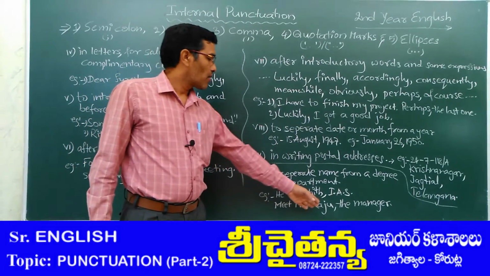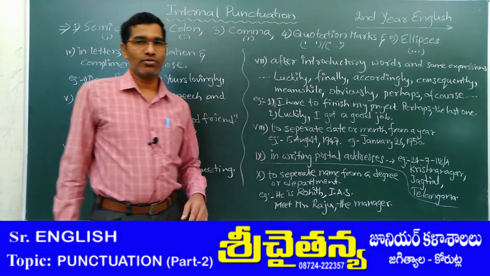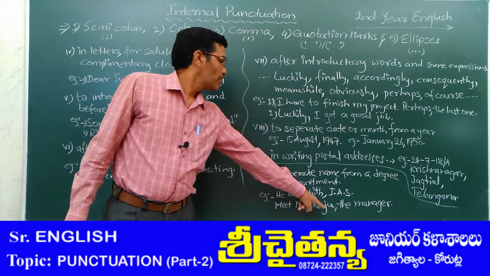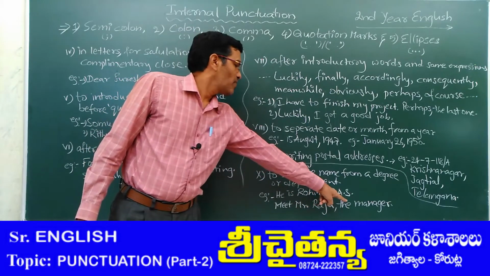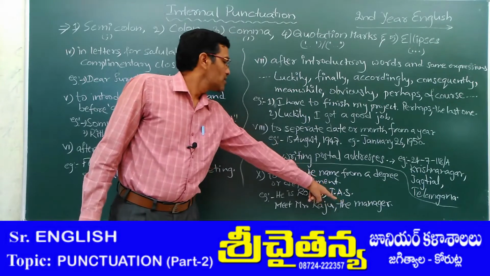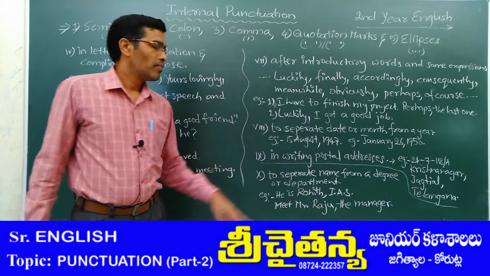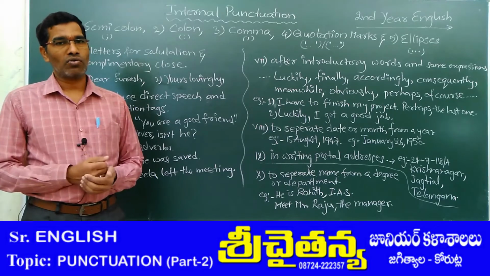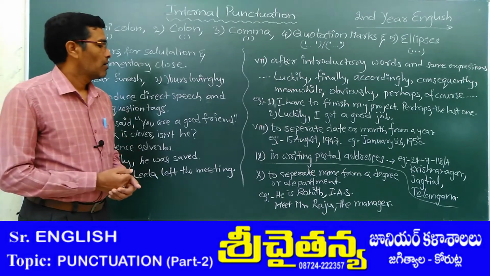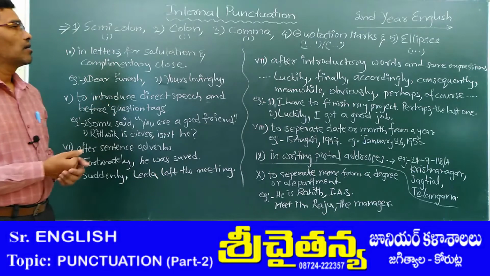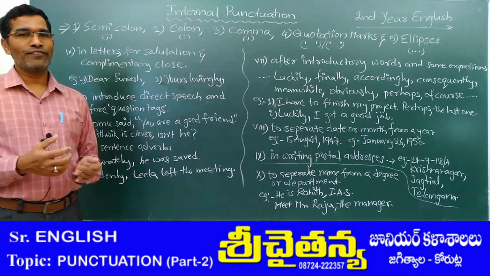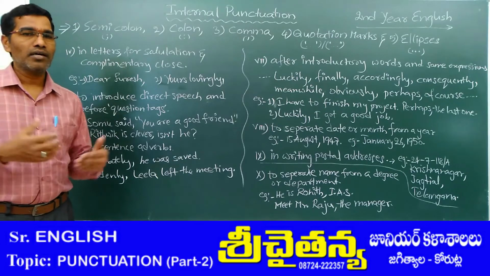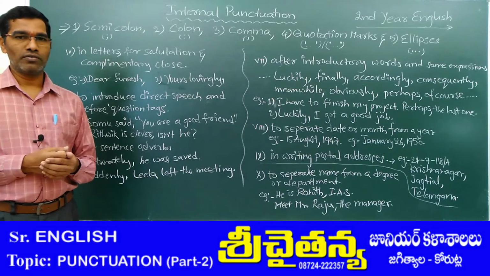Meet Mr. Raju, the manager. Here, before the department and before the degree, we use a comma. Right? Okay. These are the most useful punctuation marks of comma in the internal punctuation, right?